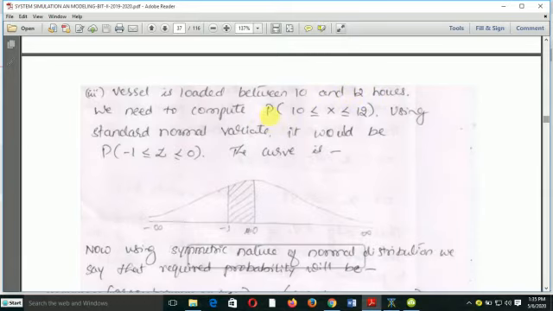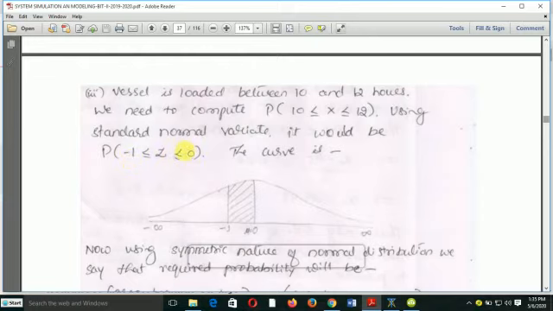So we have to compute the probability that 10 is less or equal to x and x is less or equal to 12. Here we are going to use the standard normal variable, so we are going to see that -1 is less or equal to z, and z less or equal to 0.